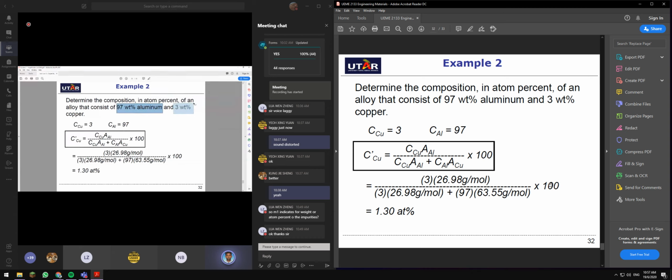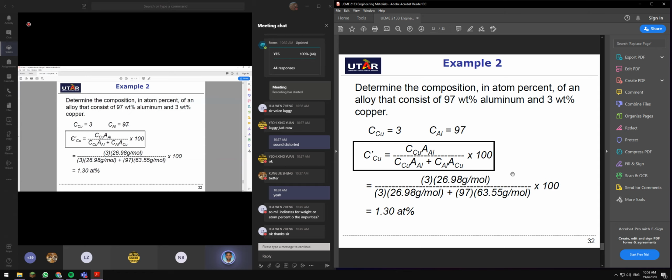Given that aluminium weight percentage is 97 and copper weight percentage is 3.